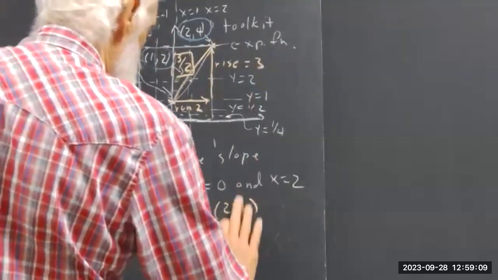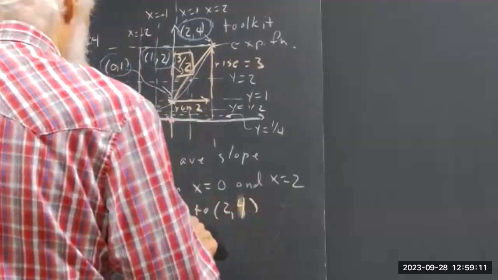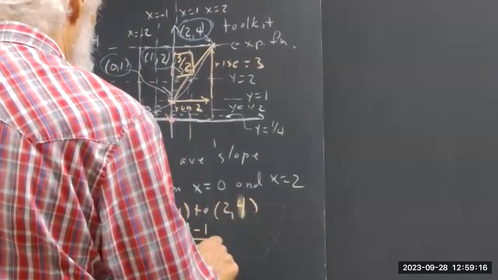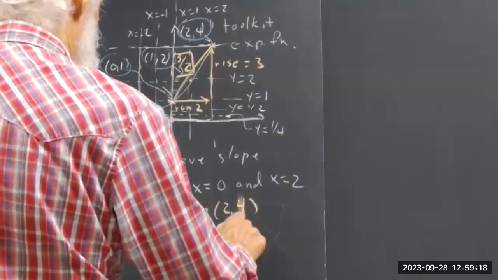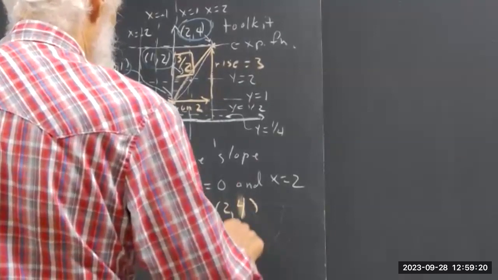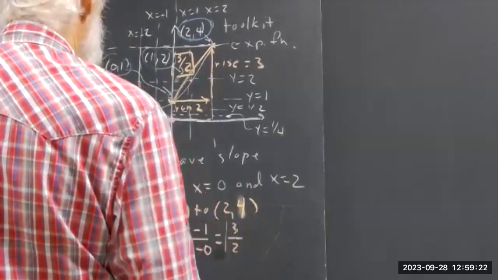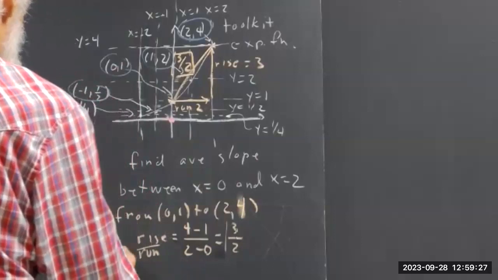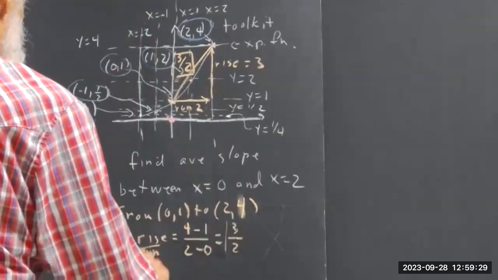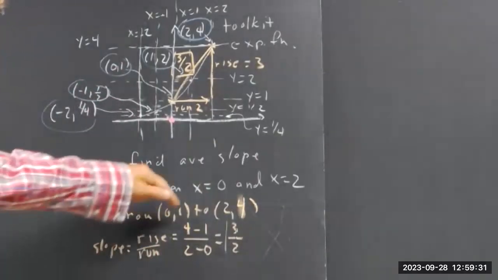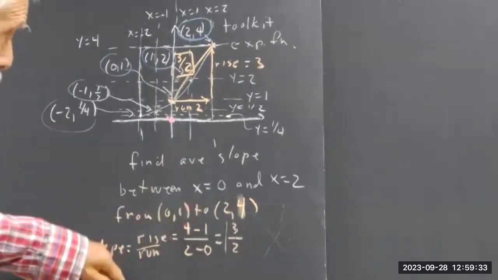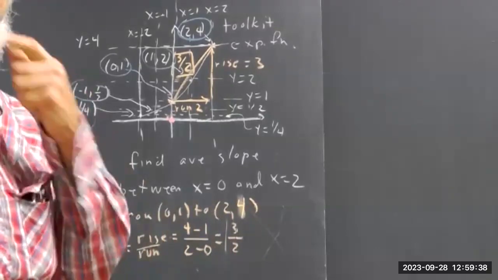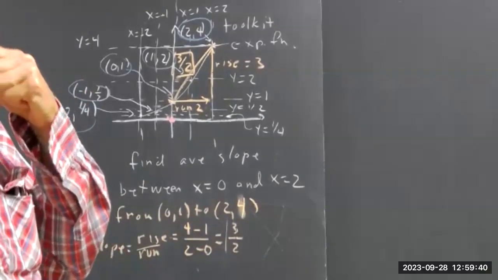And it's not 2, it's 2, 4. And the rise is 4 minus 1 over 2 minus 0, which is 3 over 2. I got carried away and did the whole slope. The rise is 4 minus 1, the run is 2 minus 0. You get 3/2. You got a formula that tells you that y2 minus y1 over x2 minus x1.